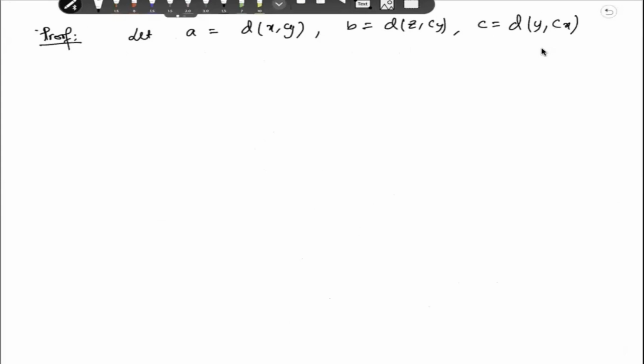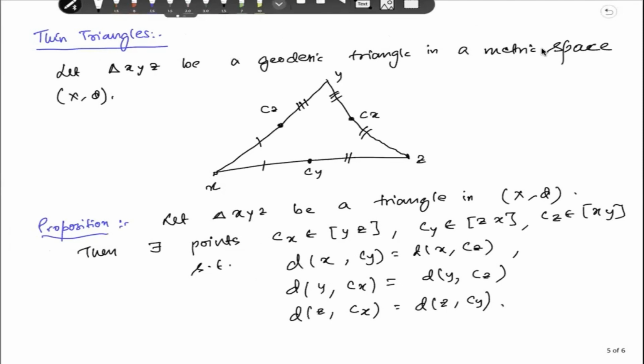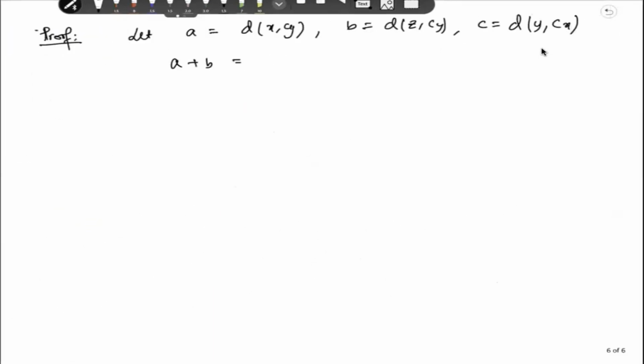So we need to find this A, B, C first. Now, what are the conditions? A plus B is equal to, so this is my A and this is my B, A plus B is equal to the distance between x and z.